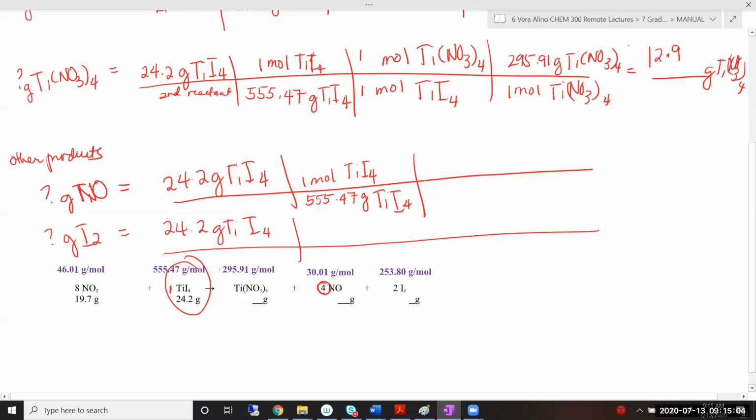This time I'm focusing on the second product, nitrogen monoxide. Then convert it to grams because grams is what is asked for. A mole of NO weighs 30.01 grams. And that will give me a value of 5.23 grams.